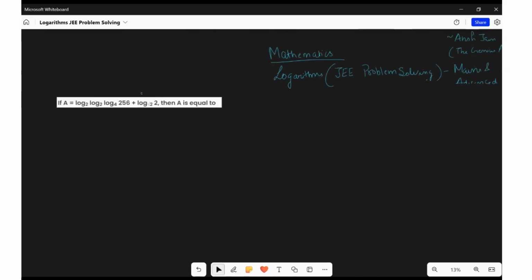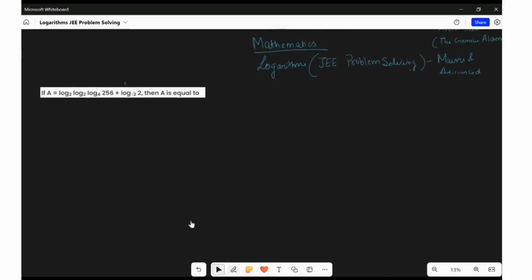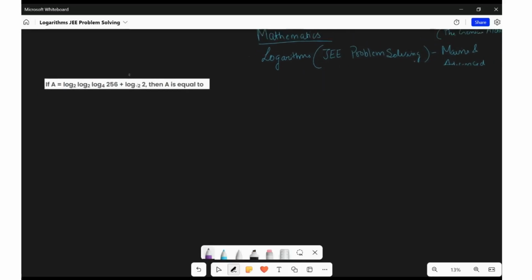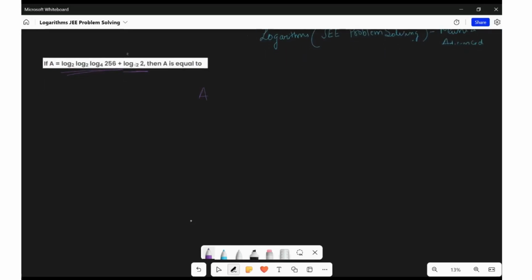Now this is the fifth problem. This is a very fun problem which you may like its solution. So we have this expression plus log 2 base root 2. Now we can write a as log base 2 log base 2 log 256 base 4 plus log 2 base root 2.